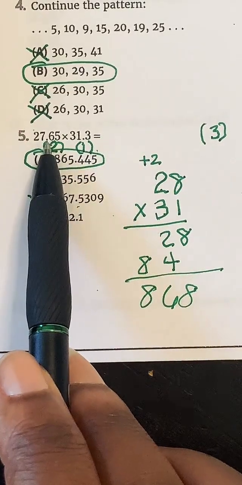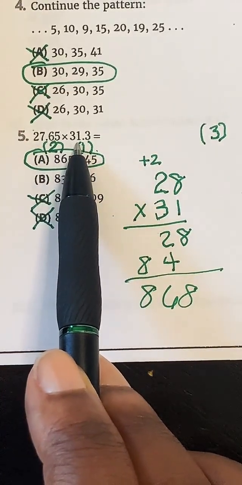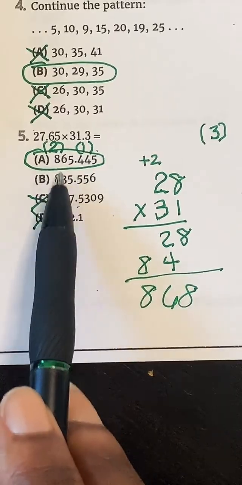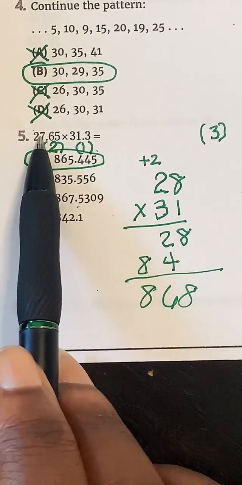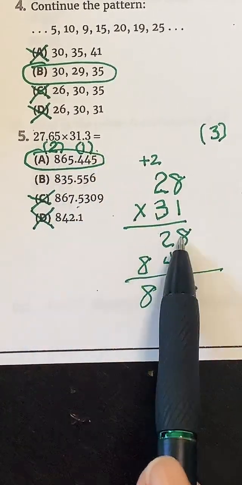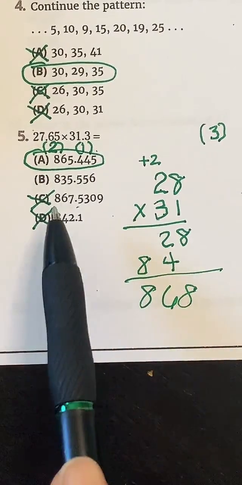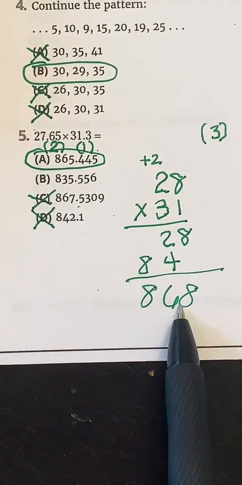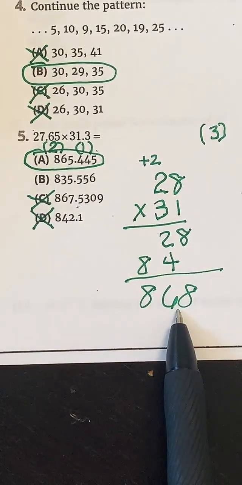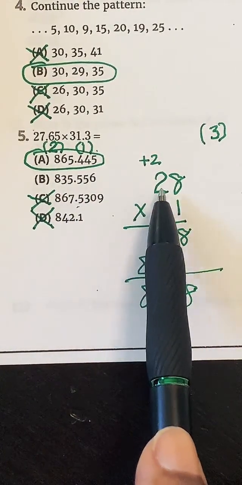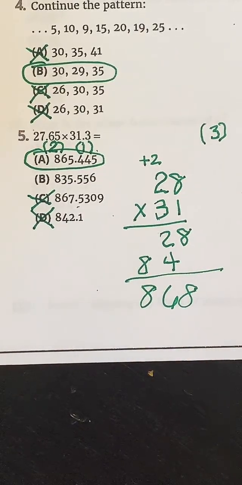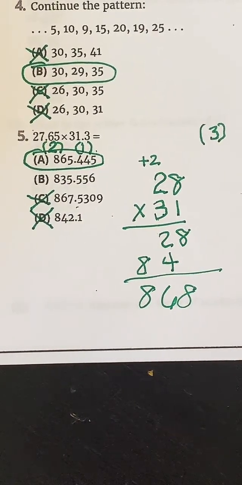Now round up so you can get to a number that's close to one of these 2 answers. Once you round up and keep it the same, you do the multiplication and get 868. Then you try to find the answer that's closest but lower than 868, because remember, the 28, we rounded up. All right? And then number 5, solve this. Great.